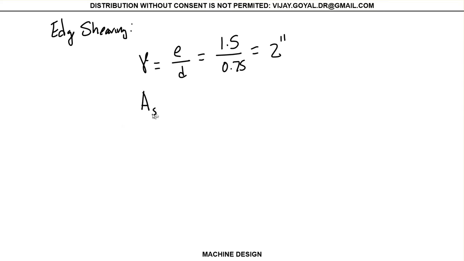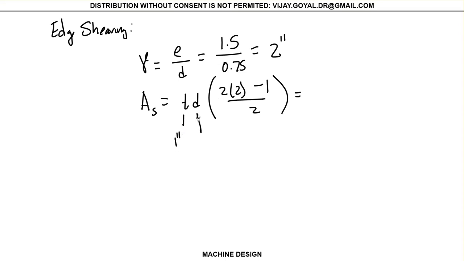So your shear area that we will be using is 2 times gamma, which was 2, minus 1 divided by 2, and this is 1 inch, and this is 0.75 inches.